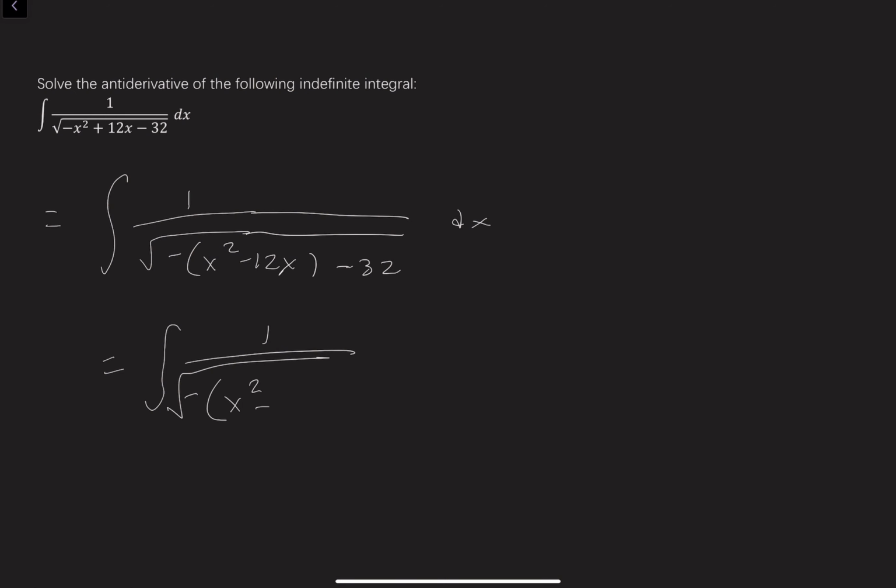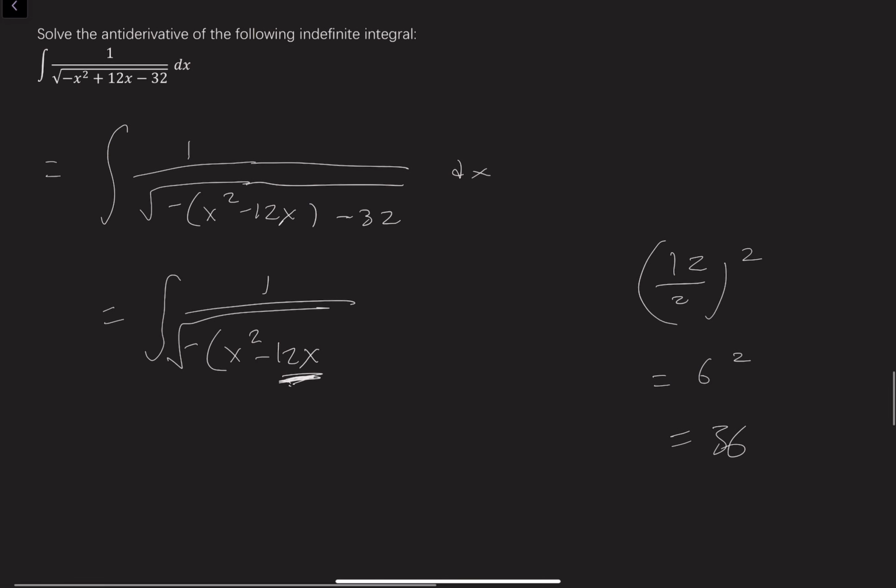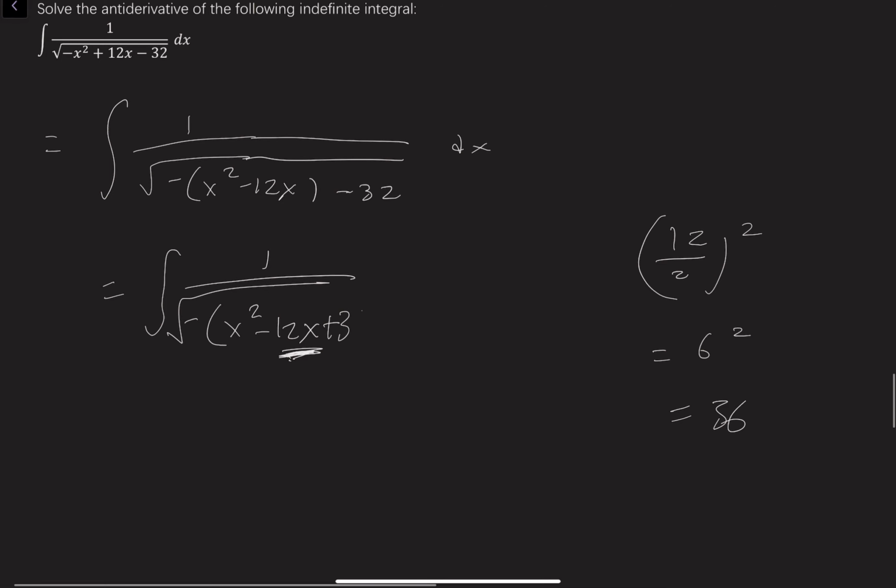X squared minus 12x. What are we going to do? We will divide this by 2 and square it. So 12 over 2 squared equal to 6. 6 to the second power, which equals 36. So we add plus 36.